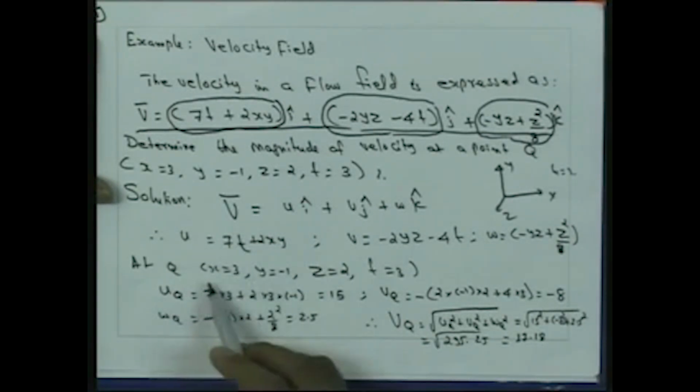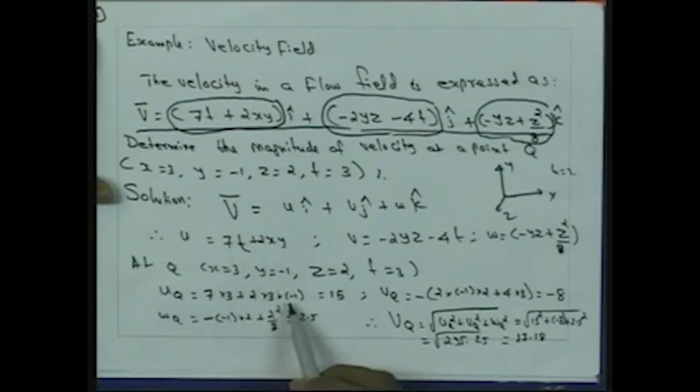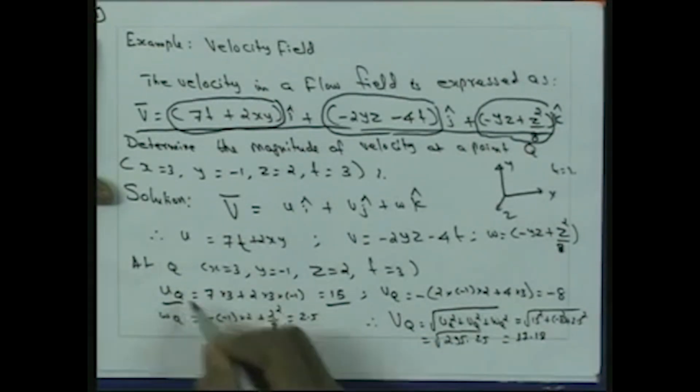Now we can determine the magnitude of the velocity in the x direction. We substitute the values for u, so uq, the velocity component u at point q, is 7 into 3, since t is equal to 3, plus 2 into 3 into minus 1, so that gives 15. So uq is equal to 15.